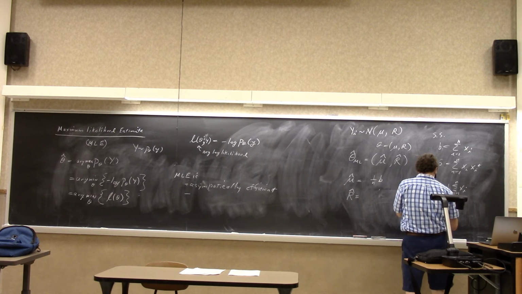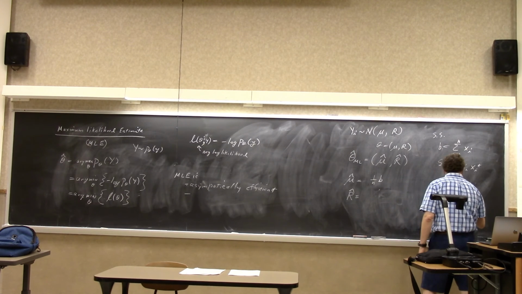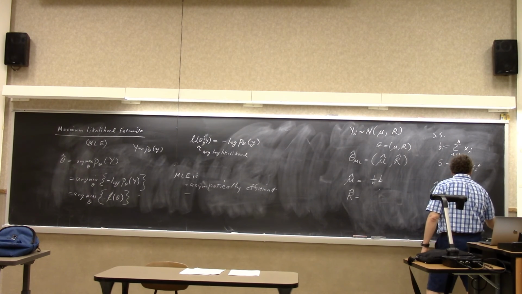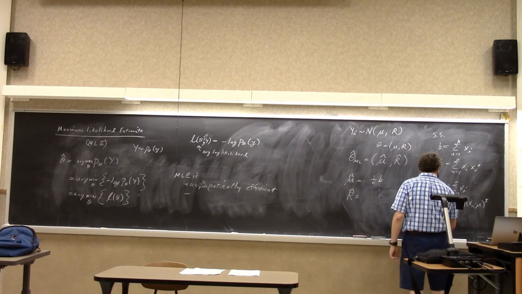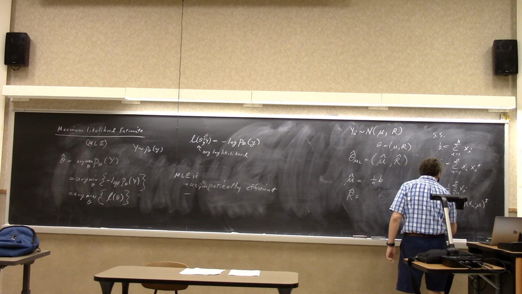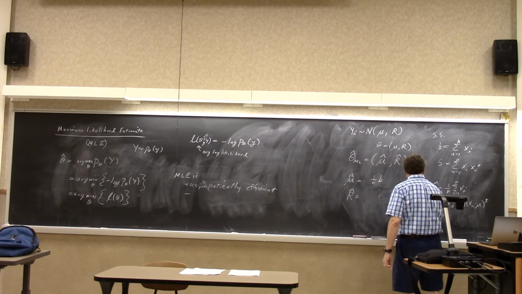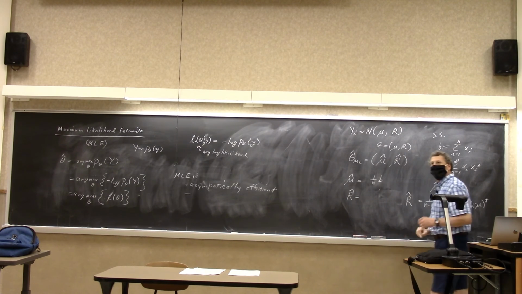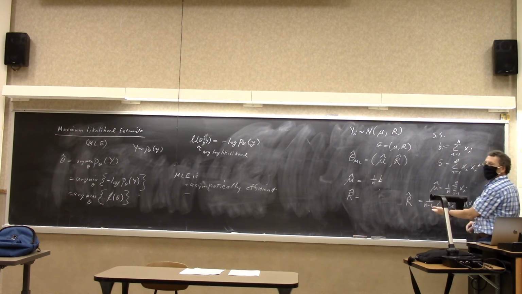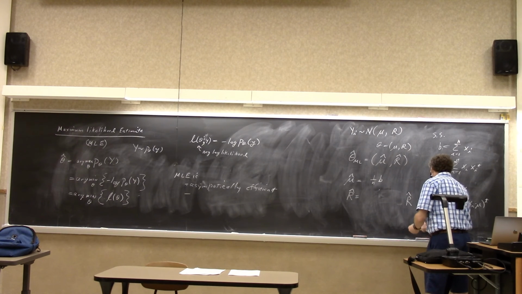And then you take xi minus mu times xi minus mu transpose, sum from i equals 1 to n, and you divide by n minus 1, and that's what you call r hat. And that's a very good thing to do. But this is not the maximum likelihood estimate. The maximum likelihood estimate is divided by n.